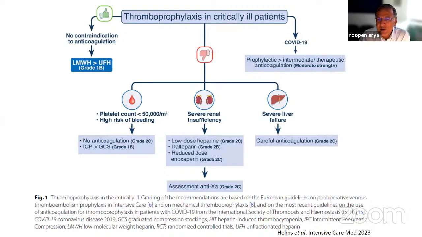And generally speaking, the thrombosis risk predominates, but in cases of high risk, like neurosurgical patients with intracranial bleeding or post-trauma patients, we may prefer in the initial stages to use mechanical measures like intermittent pneumatic compression, but otherwise the mainstay of thromboprophylaxis for most patients is low molecular weight heparin.